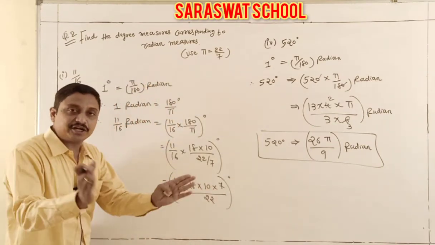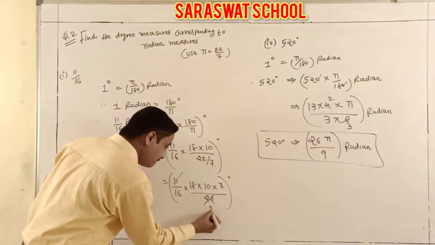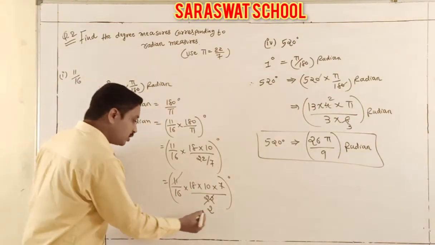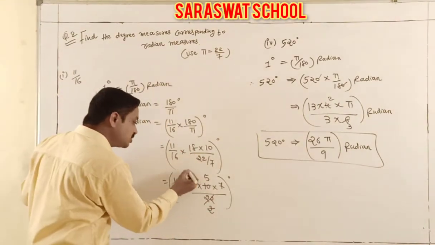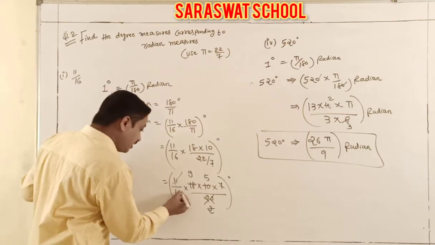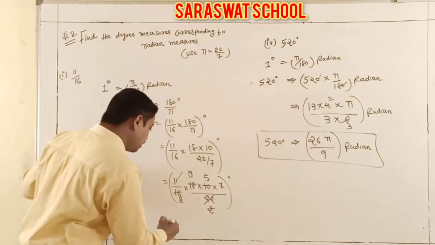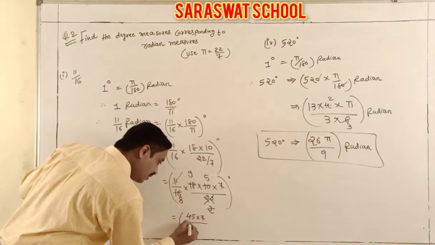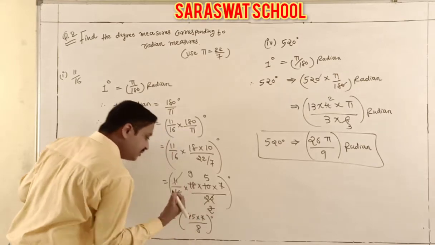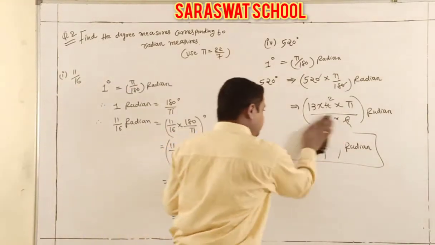Now students, I am cutting to least calculations. 11 2s are 22. Here 2 5s are 10. Next 9 2s are 18. And here 8 2s are 16. Now finished. So you usually cut the value: 9 5s are 45 into 7 upon 8 degree. Yes, 45 into 7 and divided by 8.